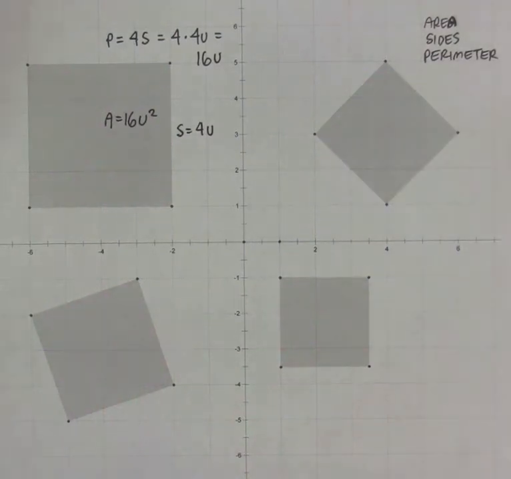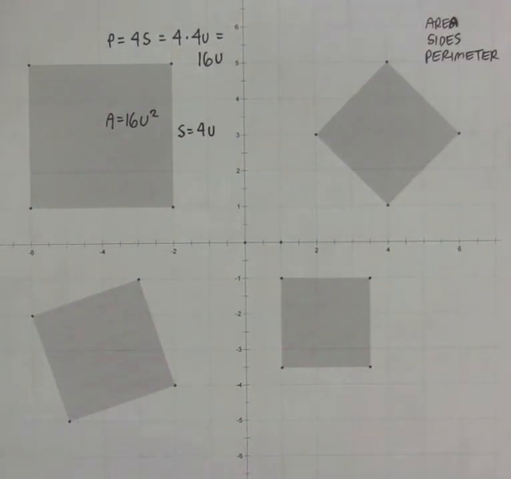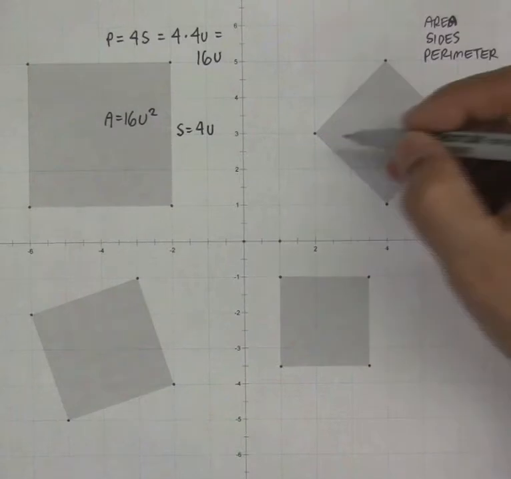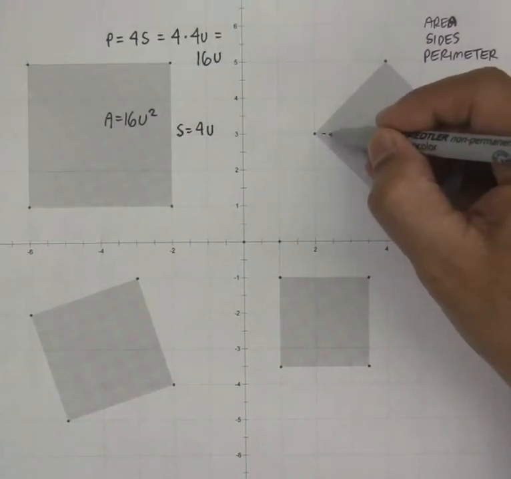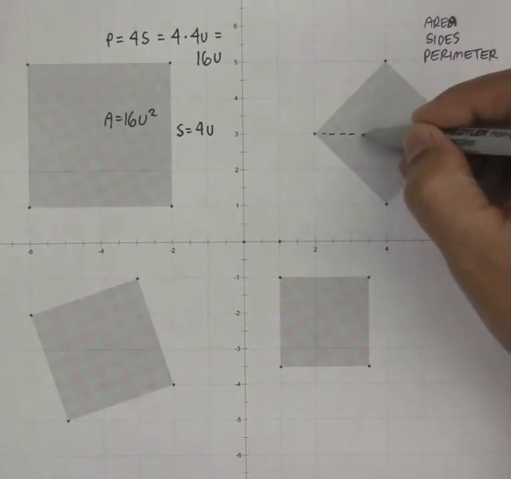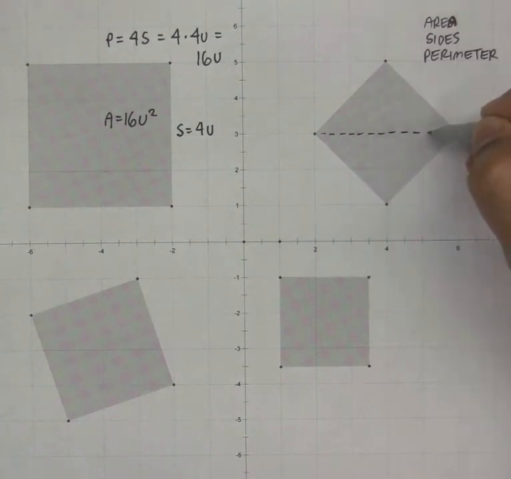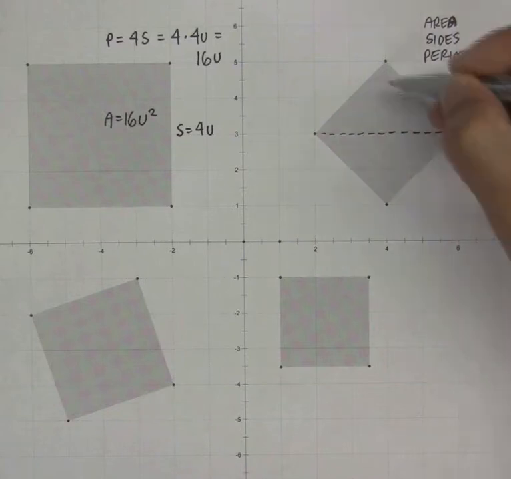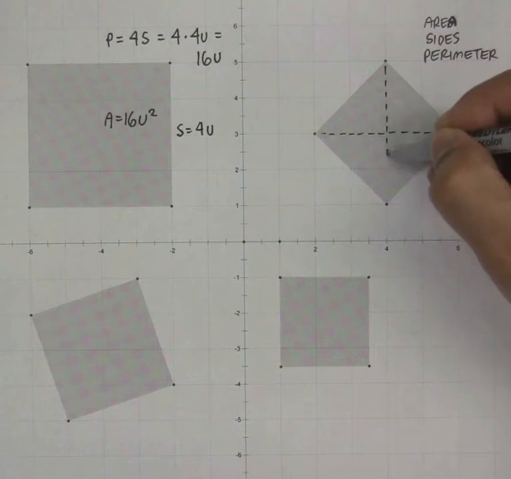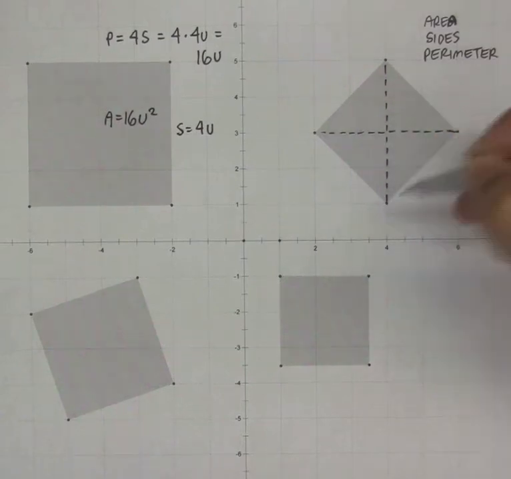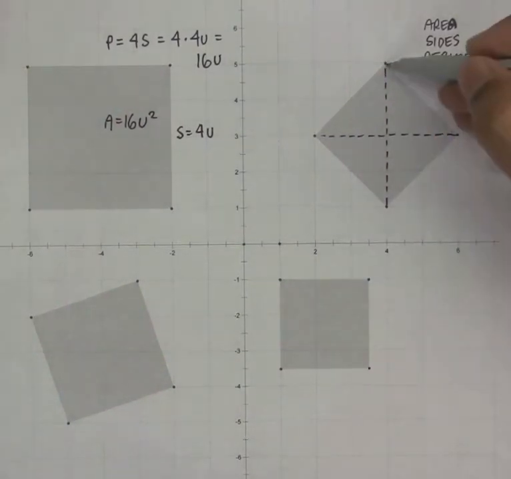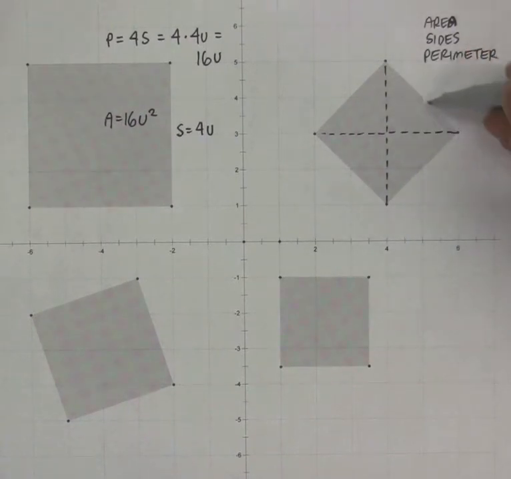The second square that we have here is a little more complicated, so we have to inspect it carefully, and then I'm going to divide it into 4 sections so that I can find the area of this square. So I draw these diagonals of the square, and then I can tell here that I have a triangle which is half of 4 units.